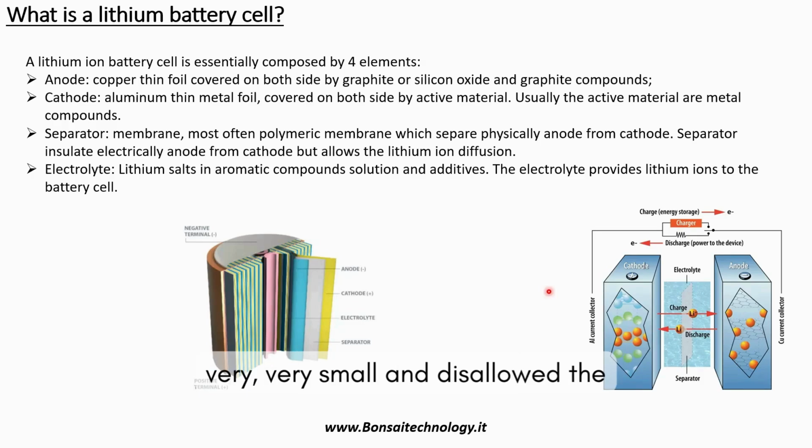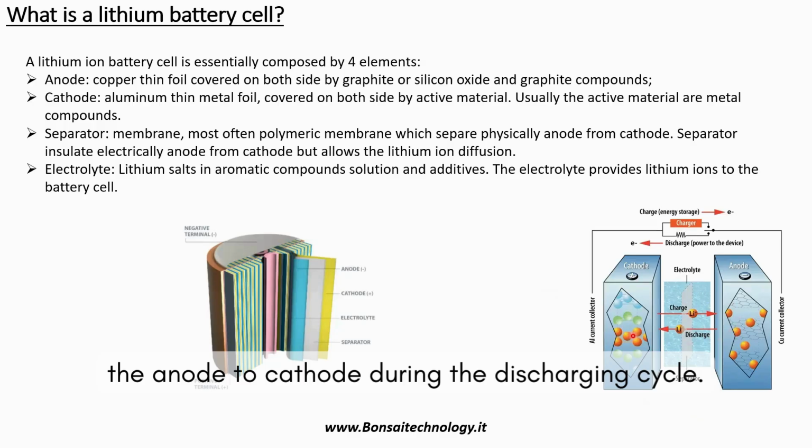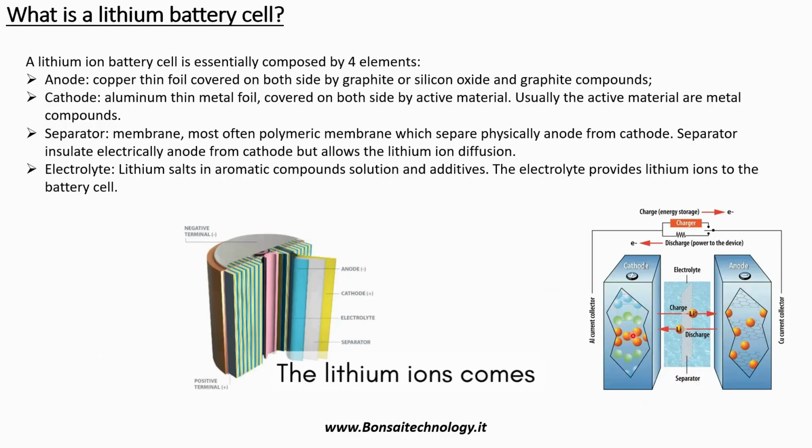It's very, very small. This allows lithium ion diffusion from the cathode to the anode and vice versa. So thanks to the separator, the lithium ions can move from cathode to anode during the charging cycle, and from the anode to the cathode during the discharging cycle.